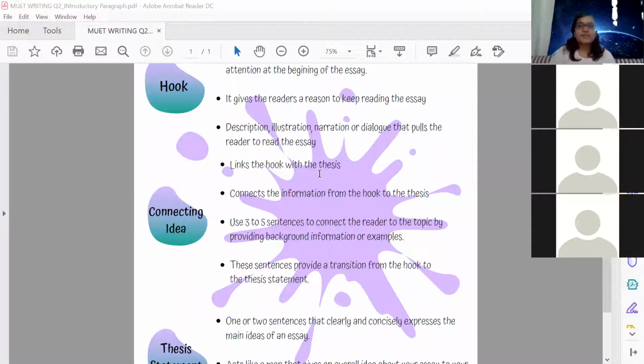The topic is, for example, healthy lifestyle. You have health is wealth, for example. Why do I have health is wealth as a quote in the beginning of my essay?